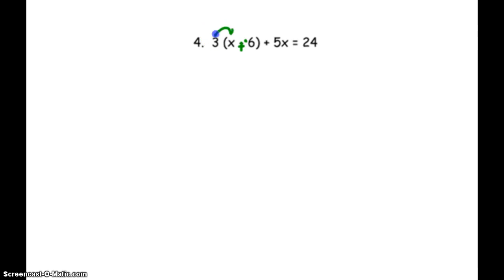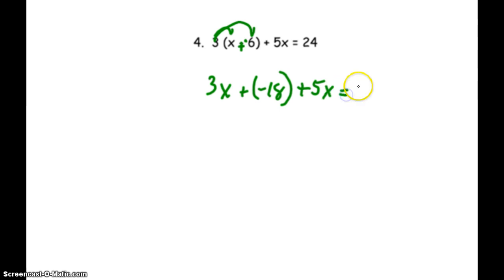3 times x is 3x. 3 times a negative 6 is a negative 18. And then we have the rest of the problem, and that will equal 24. 3x plus a negative 18 plus 5x equals 24.